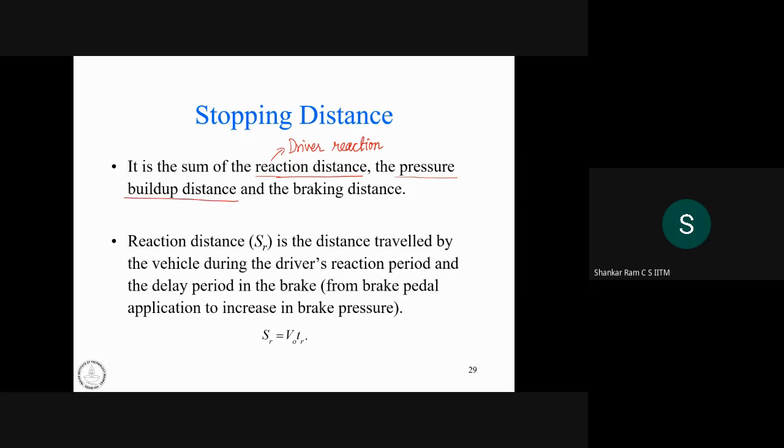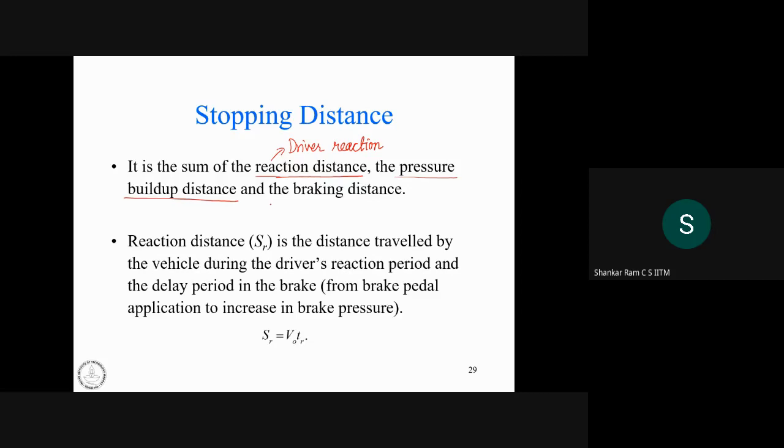Suppose we have a braking maneuver, the driver reacts to some emergency, then the driver presses the brake pedal, and the pressure has to increase. The distance traveled by the vehicle when the brake pressure is increasing in the brake system is called the pressure build-up distance.